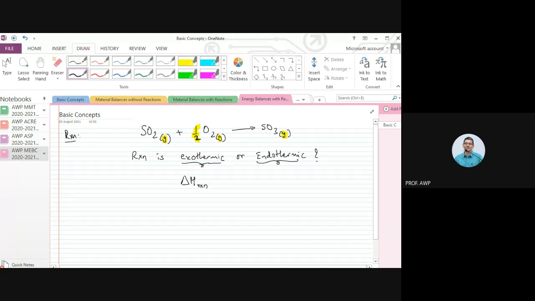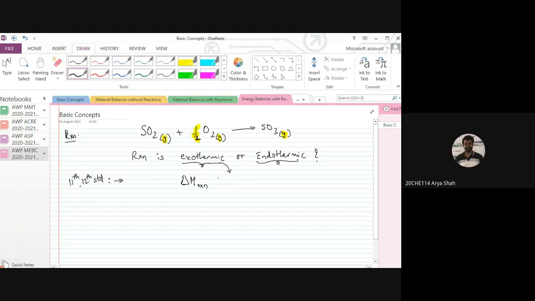Are you aware of this? You must have used this in your 11th and 12th standard. So if it is exothermic, what do we say about delta H, the heat of reaction?